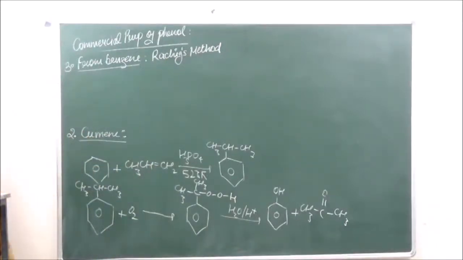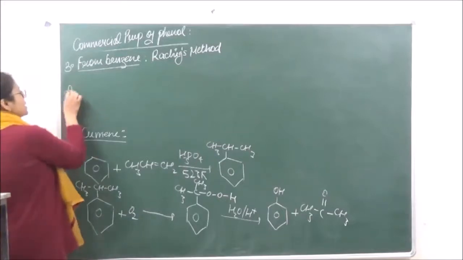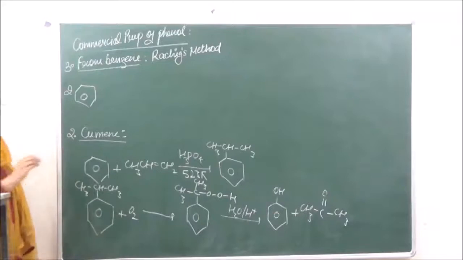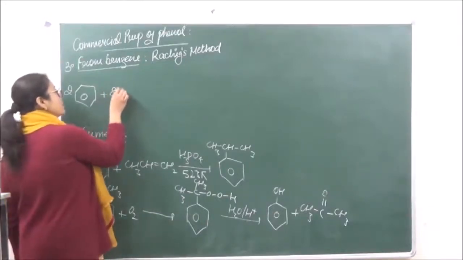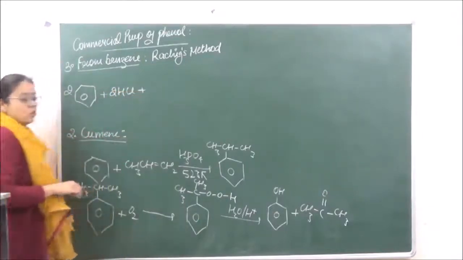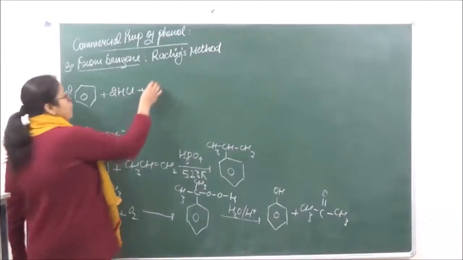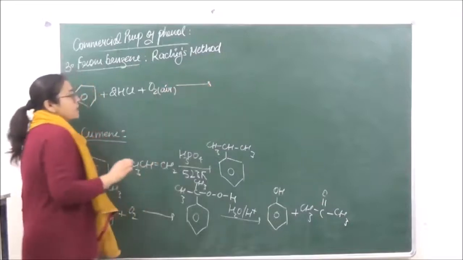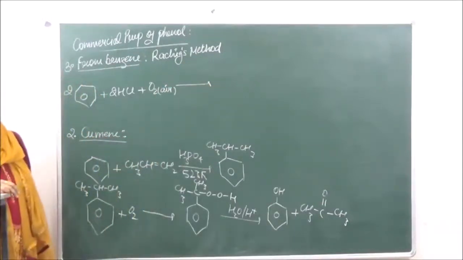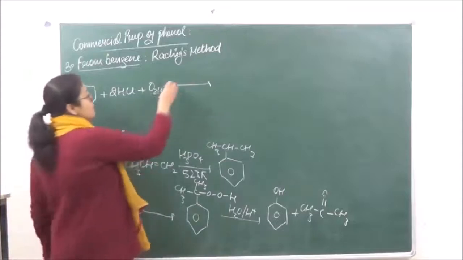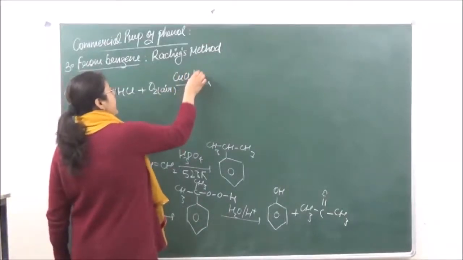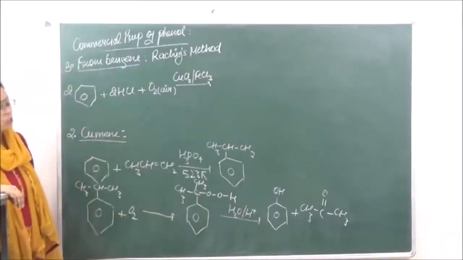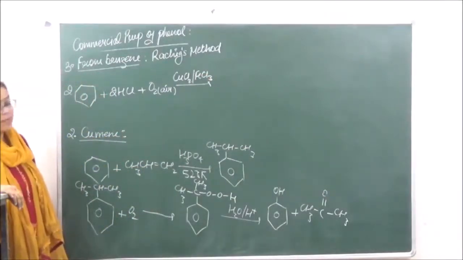Over here we are going to first react benzene with HCl in presence of oxygen from the air. Okay. Now over here we are going to take two catalysts. We can take CuCl2 and FeCl3, which are going to catalyze the reaction or which can also behave as halogen carriers.